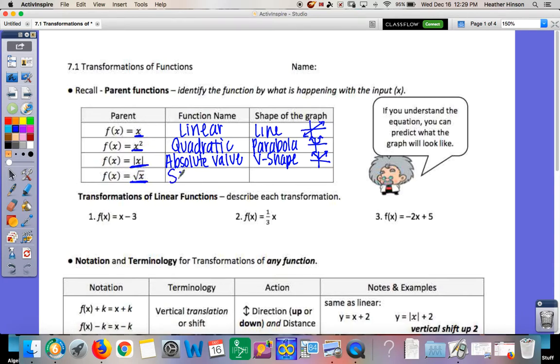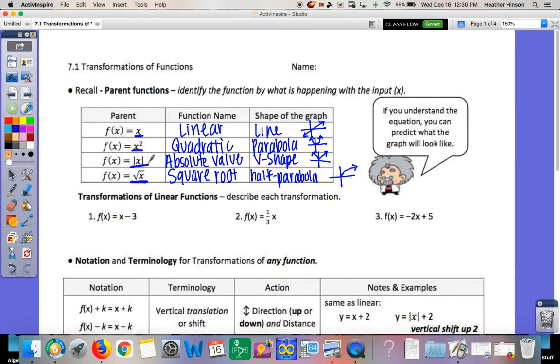This one's a square root symbol. So it's called a square root function. And that one sort of looks like a half parabola. It's sideways. It just kind of shoots off to the side. So it's a half parabola. So these are the functions that we're going to use to do all of our transformations with.